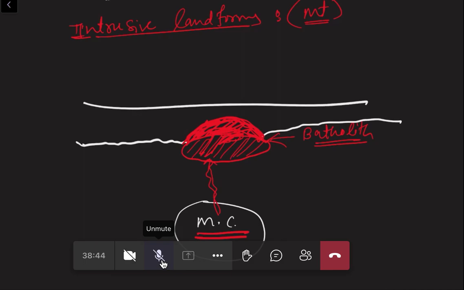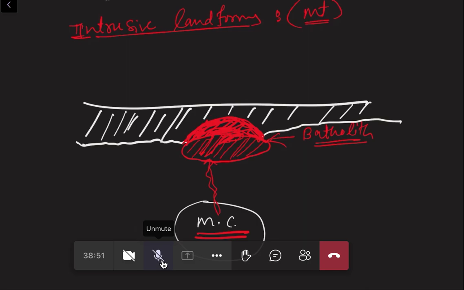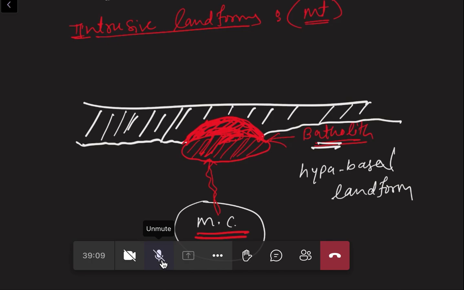Sometimes when this land gets eroded, the structure above the batholith is eroded, and then you get a landform that may be called an intrusive volcanic mountain. These are also called hypabasal landforms.